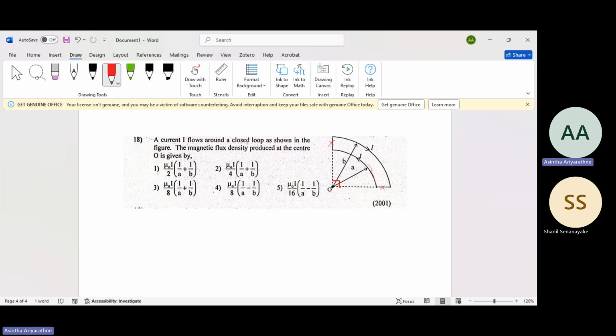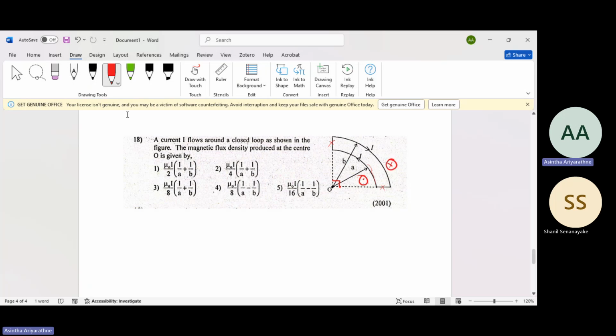But here the directions are not the same. Due to the first arc, it is an outward magnetic field. You can use the right hand rule. And due to the second arc, it is inward into the whiteboard.